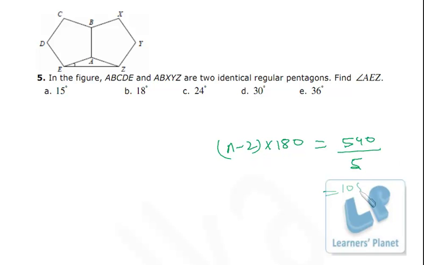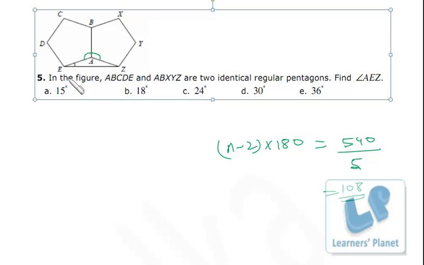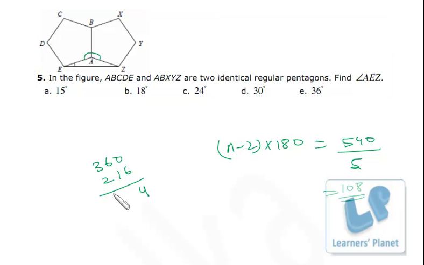So each angle will be of 108 degrees. So this is 108, this is 108, right? And the total angle over here should be 360 degrees. So 360 minus 108 two times, 216, that will be the value of angle A. So angle A is 144.